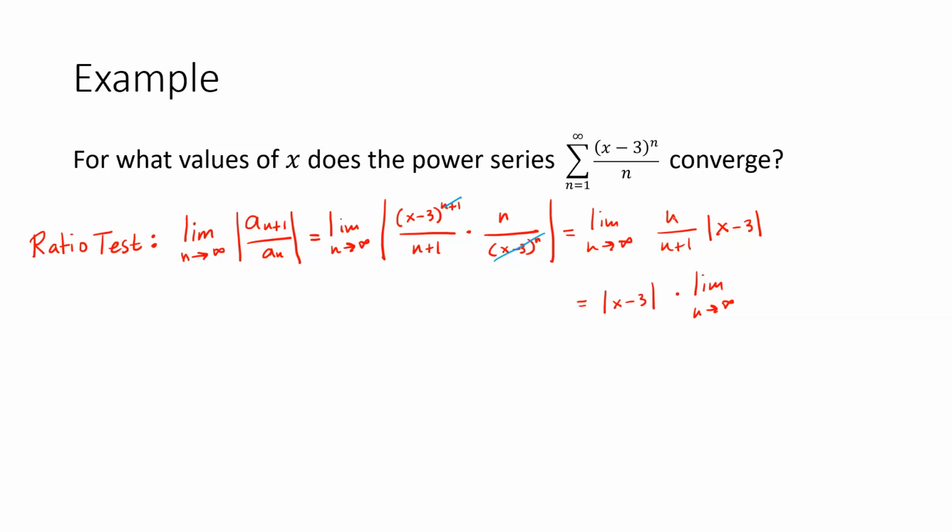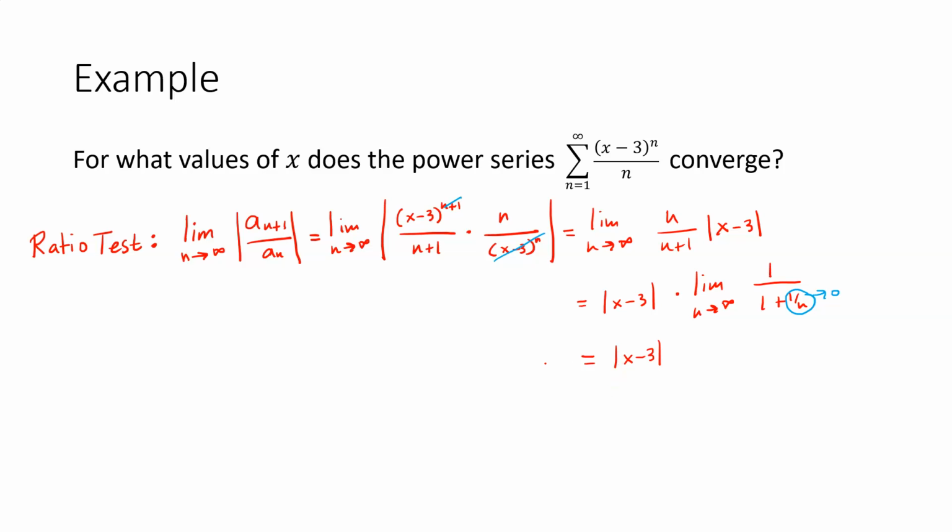If I divide out the n from the numerator and denominator, I can write it as 1 over 1 plus 1 over n. And of course 1 over n goes to 0. So I'm just left with 1 over 1 plus 0, which is 1. So this will be just equal to the absolute value of x minus 3.